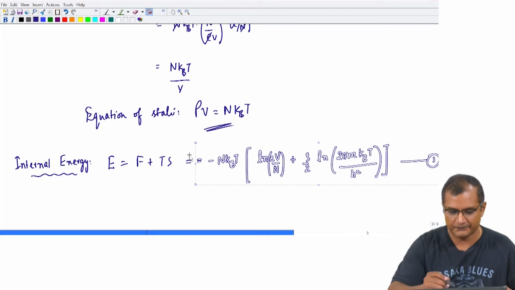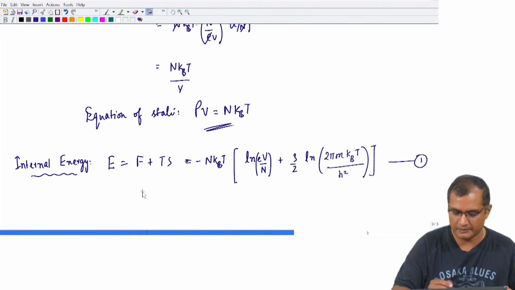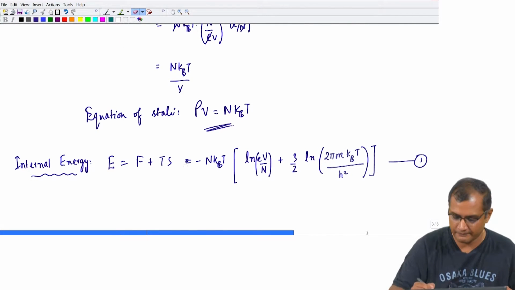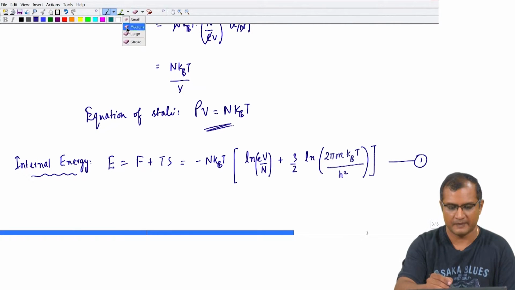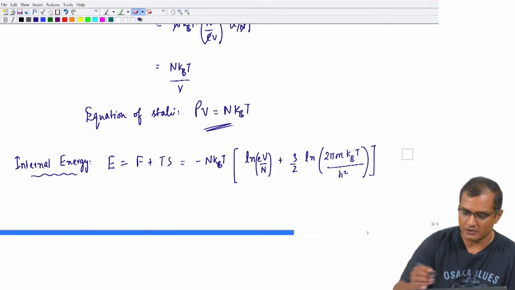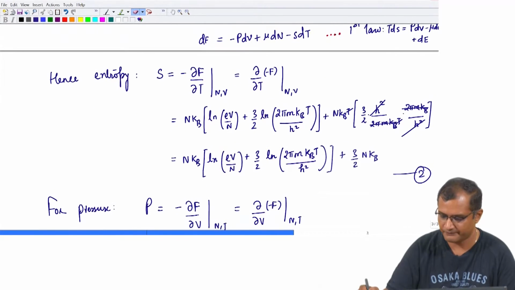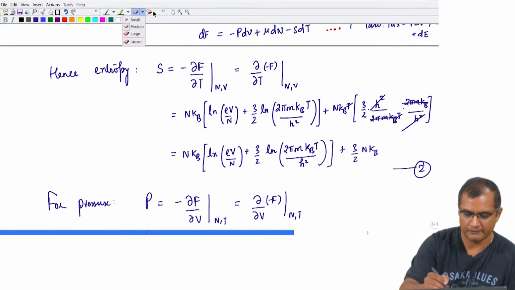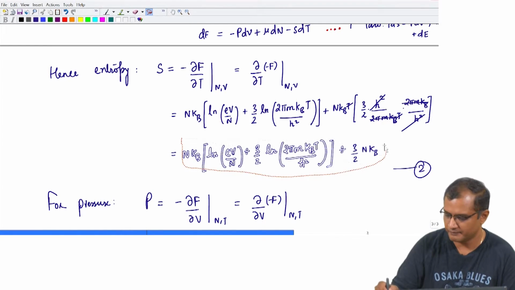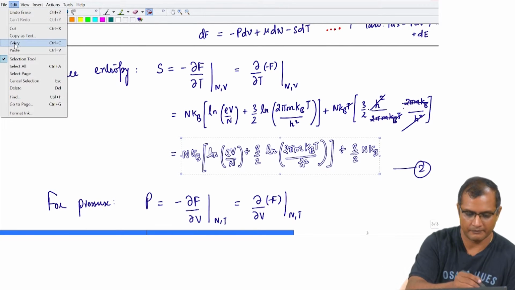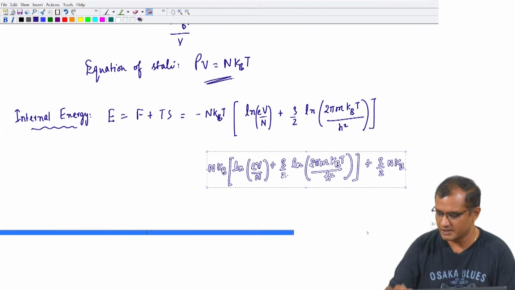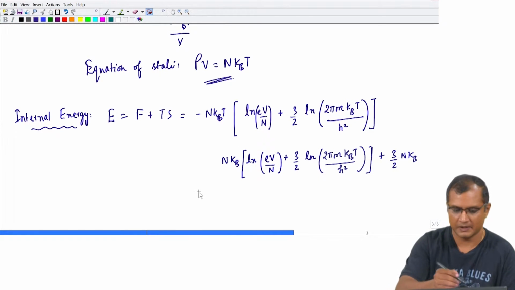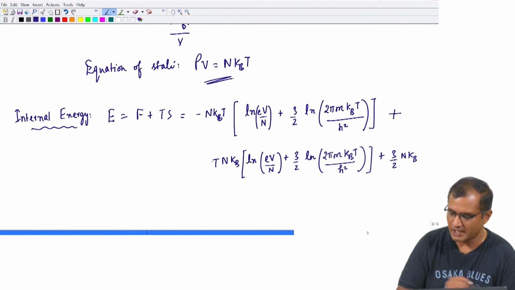So, this is the expression for the free energy F. And I need to take the expression for TS, so let us copy the expression for S. So, this is the expression for S. We were supposed to add TS, so I am going to add TS here.